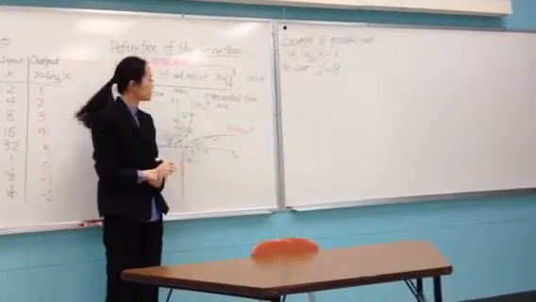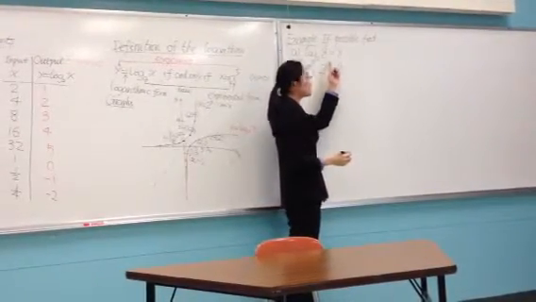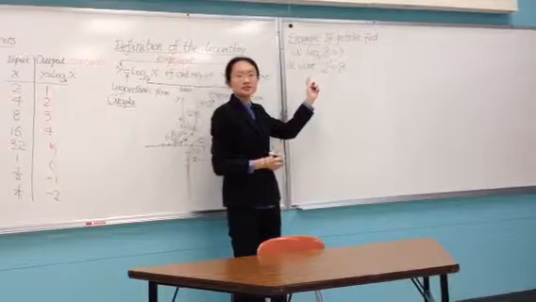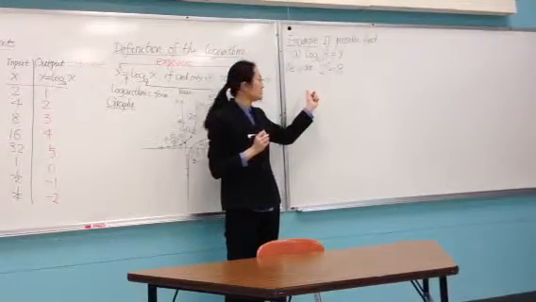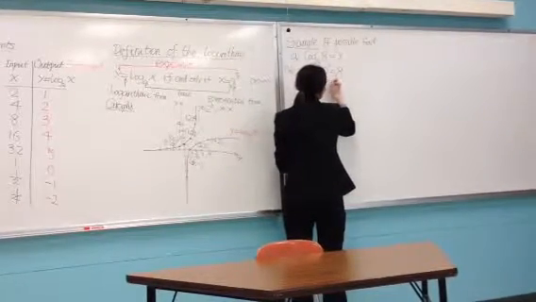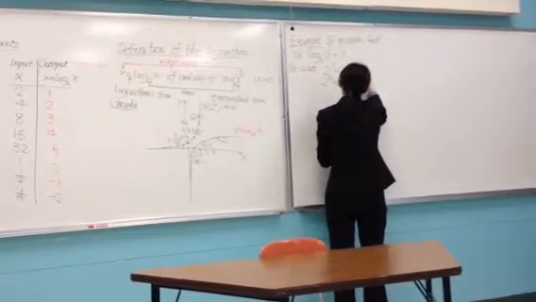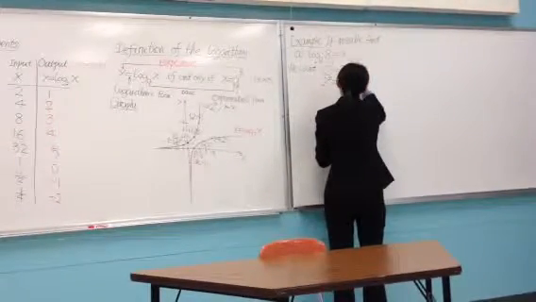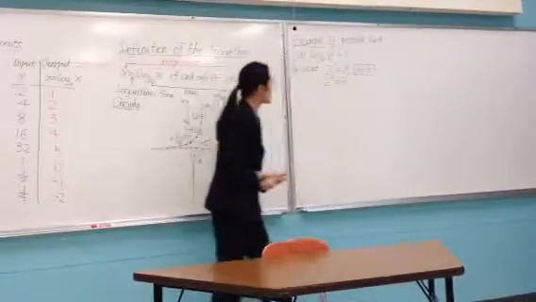Okay. Now let's think about it: 2 to which power is 8? Does anybody know that? 3. Very good, okay. 2 to the third power is 8. So y is 3. Okay, very good.